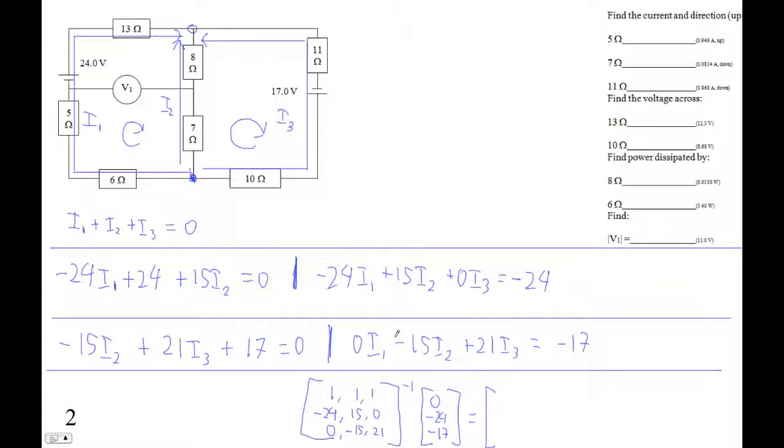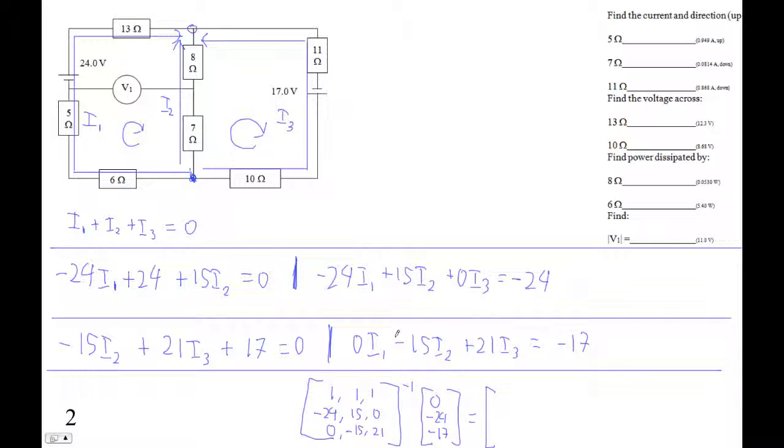On my calculator, I'm going to go alpha zoom, go 3 by 3, and okay, and go 1, 1, 1, knowing full well that at least one of those will be negative. Then minus 24 and 15, and then down here negative 15 and 21.